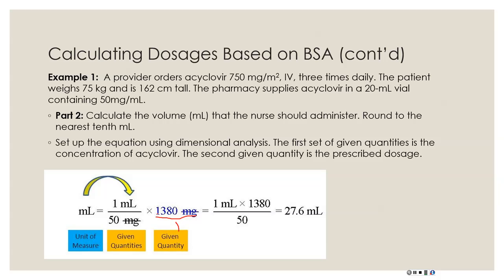So then you would just take 1,380 divided by 50, and we get 27.6 milliliters. When we look at our directions for rounding, it says round to the nearest 10th milliliter, and that happens to be exactly what we came out to, so we were lucky.